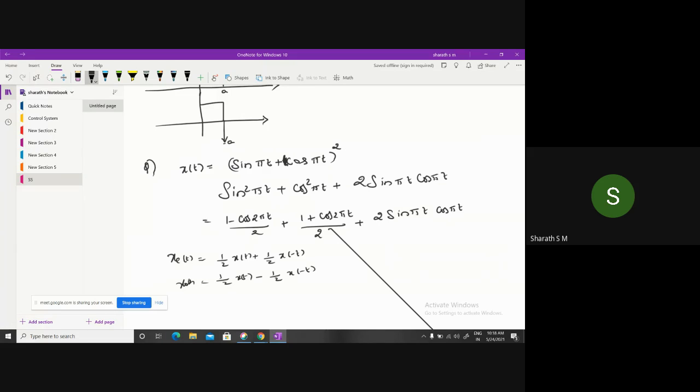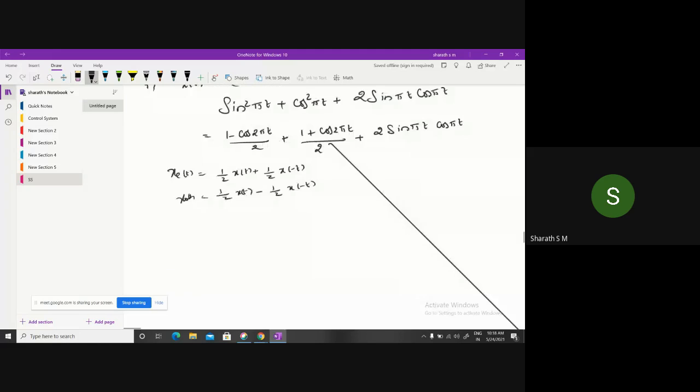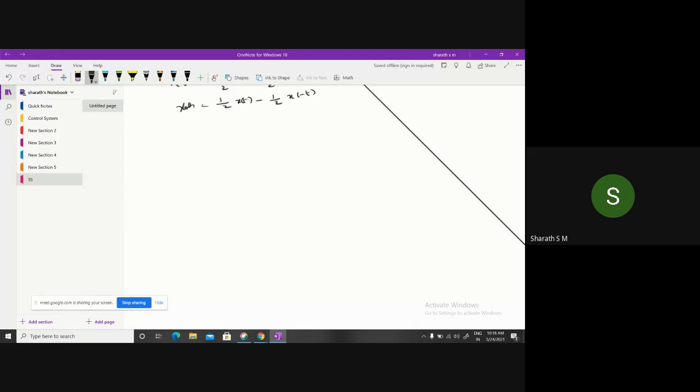So, to the next question. Are there any problems on periodic and non-periodic signals? Problems on periodic and non-periodic signals.